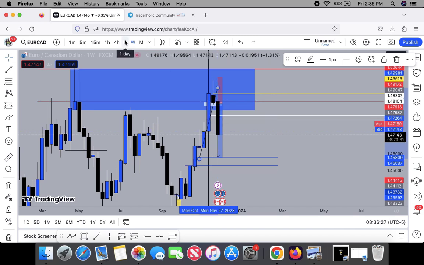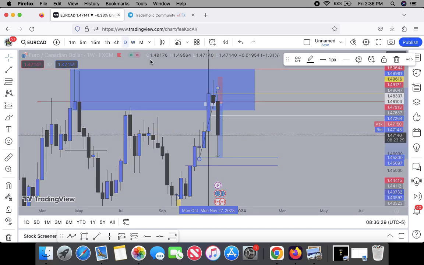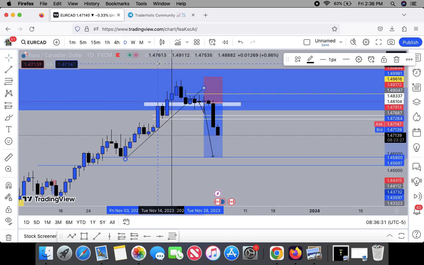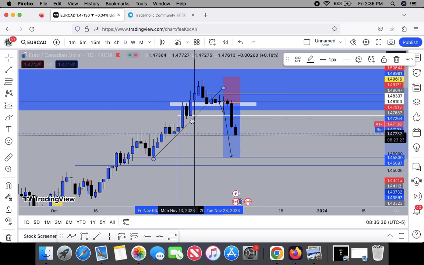So let's go back to the daily time frame. When I got that bearish candle on the weekly time frame, what did I do next? I came down to the daily time frame. Now this is a trend on the daily time frame. So now I'm already about 80% sure that we are going to drop, but I still need some confirmations.